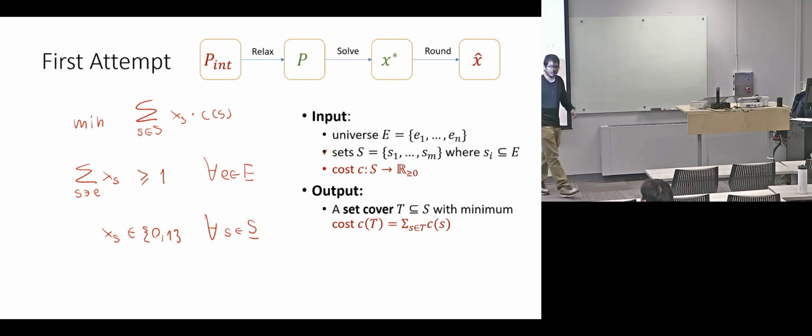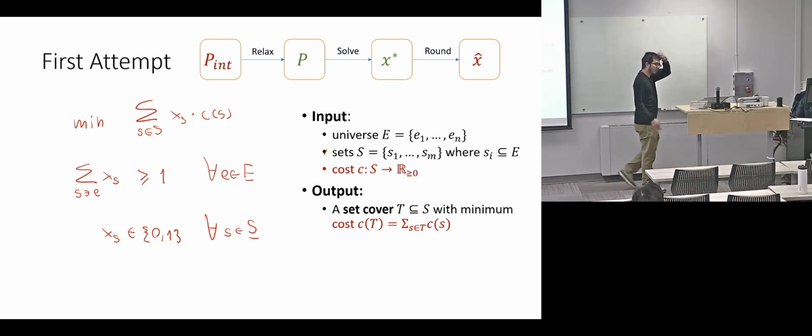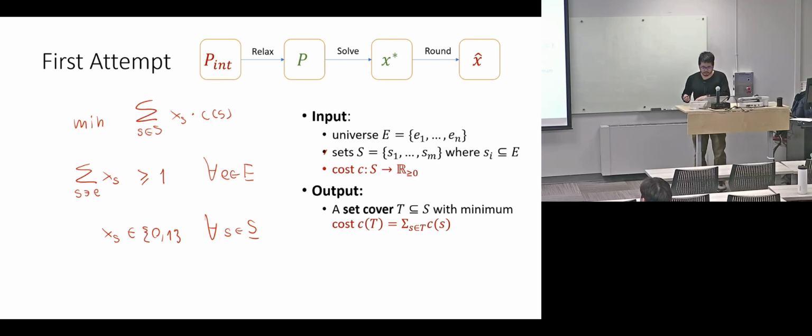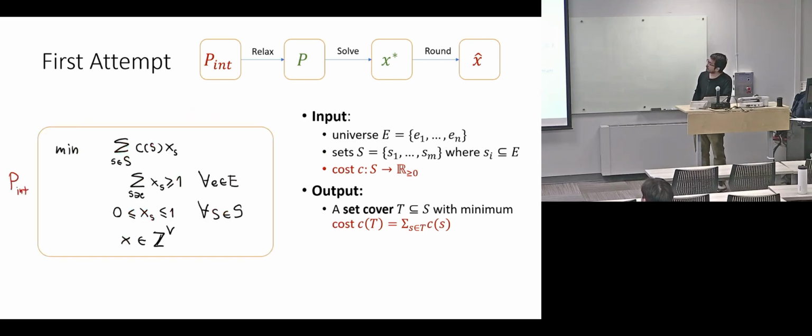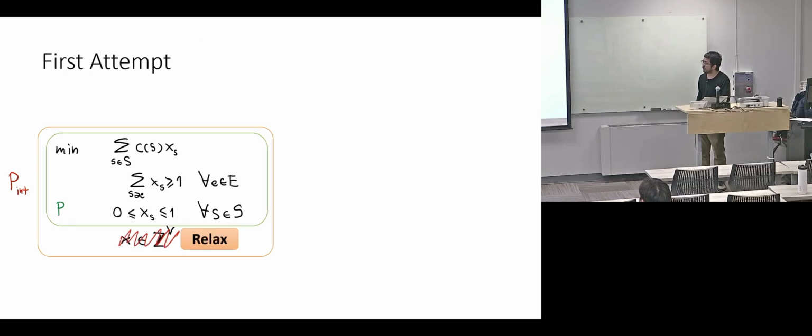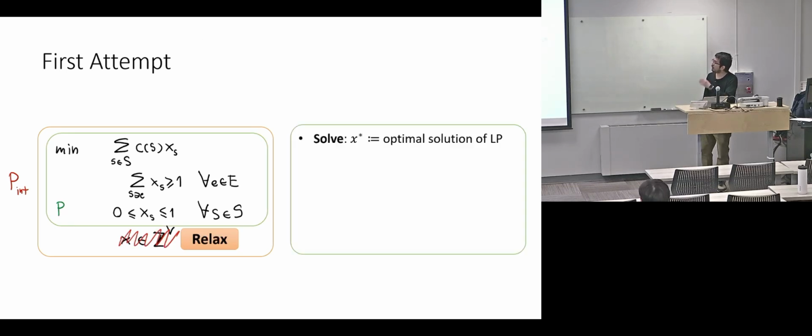So this is an IP. That's the first step. I write it down like this, then relax it, and then solve it. And then we need to round.